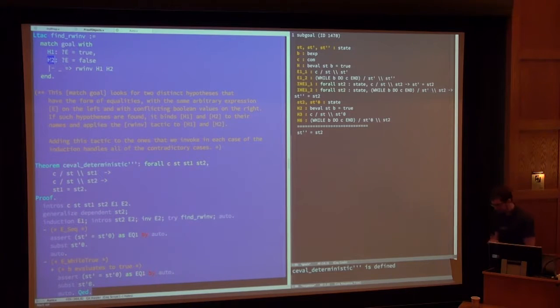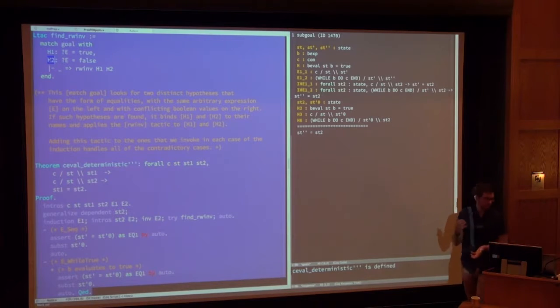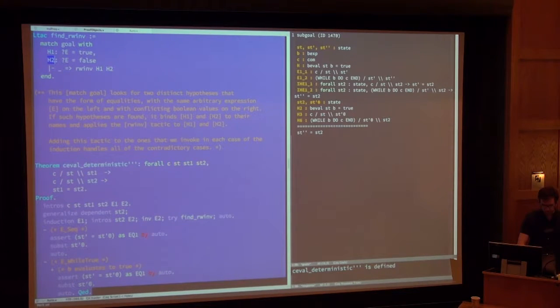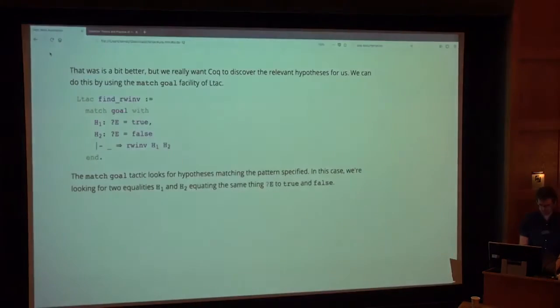If for some reason Coq decided to give different names to the assumptions when we use intro, or we changed E1 to E1 prime or something here, this tactic will still work because it's using this pattern matching syntax. It's sort of indifferent to the concrete name we've chosen to give to these assumptions. It's going to figure that out for us. So in that sense, it's much more adaptable than, say, your standard way of hard coding the names of assumptions in your proof script. That's sort of a fine point that might become apparent with more usage of Coq.